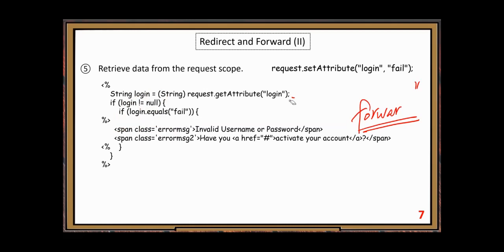All right, so that's one thing. The second thing is, I want to point out this forward thing. Look at this. We store our attribute value in the request scope, right?